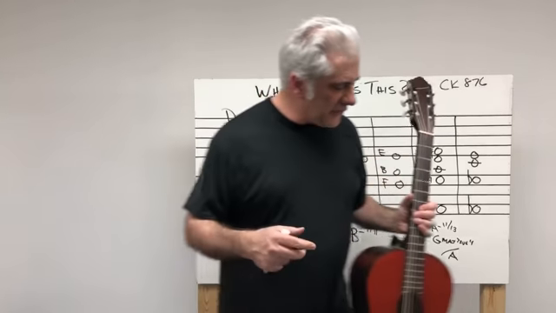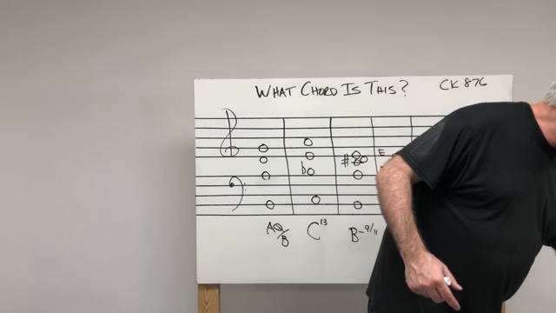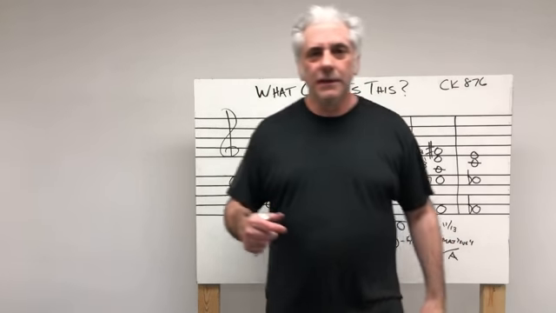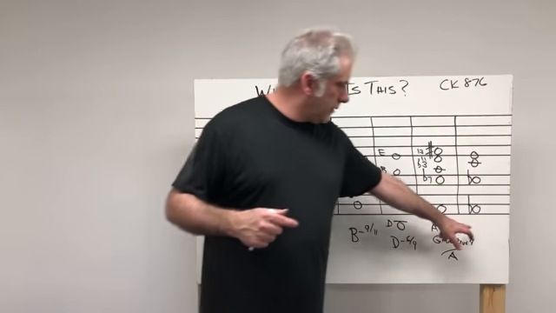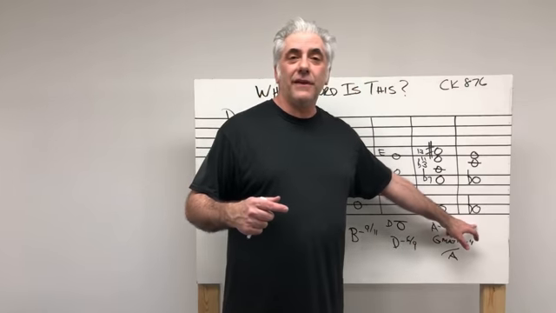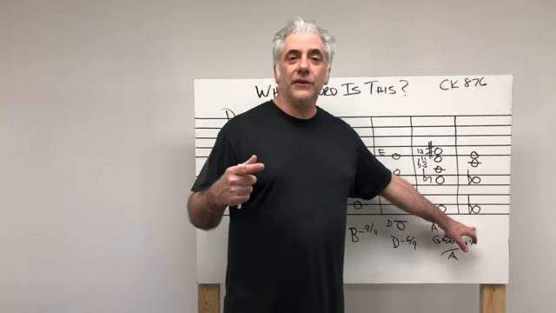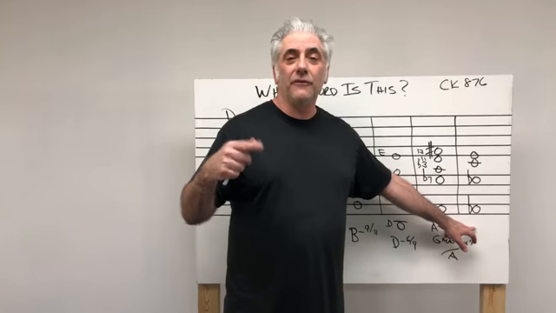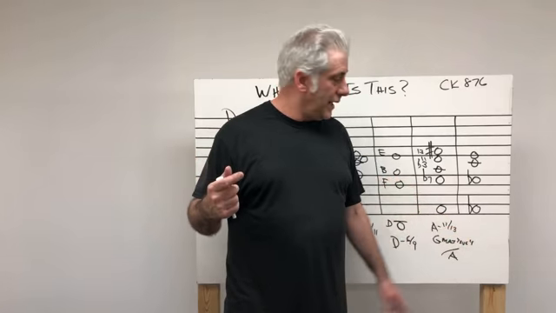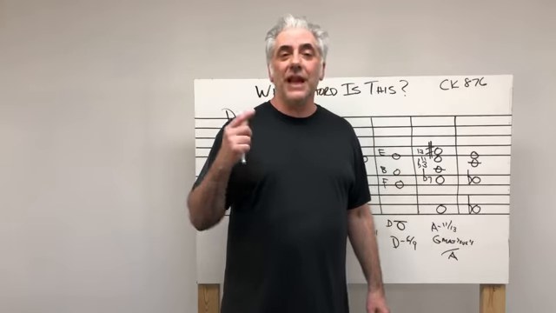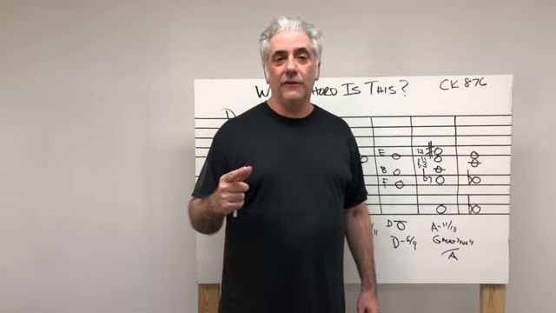Okay, so this is an instance where you could actually call it an A flat 7, sharp 5, or you can call it an A flat 7, flat 13. You could call it that. Typically, I'm going to call it just A flat 7, sharp 5.